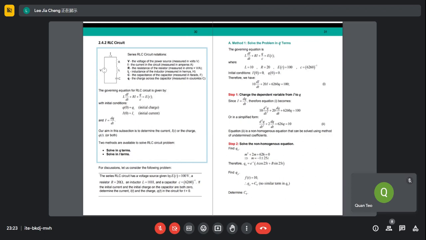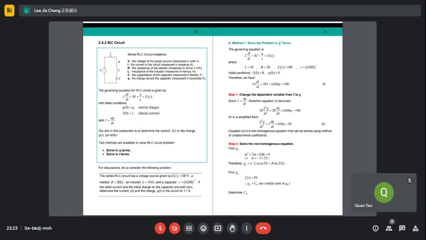For step 2, we have to solve the non-homogeneous equation first. The first thing is to find QH and QP. For the value of QH, we have to find the characteristic equation from equation 2 above. We get m squared plus 2m plus 626 equals 0. Then we find the roots of this equation, which are -1 plus and minus 25i.